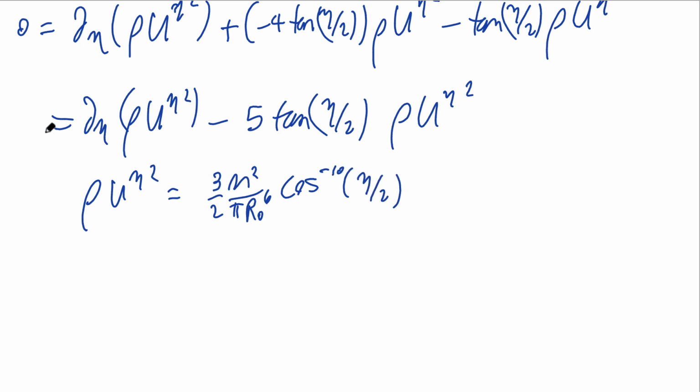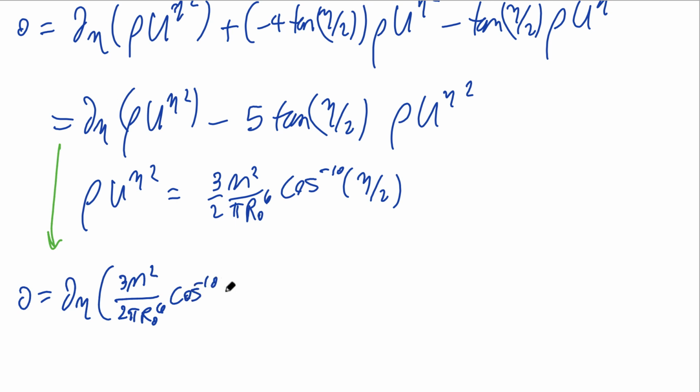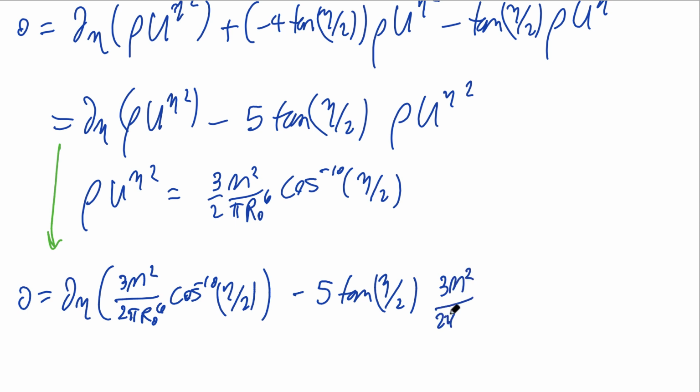Now we can insert this into our equation, which becomes 0 equals partial eta of 3m squared over 2 pi r naught to the 6th power times cosine to the minus 10th power of eta over 2 minus 5 times tangent of eta over 2 times 3m squared over 2 pi r naught to the 6th times cosine to the minus 10th power of eta over 2.